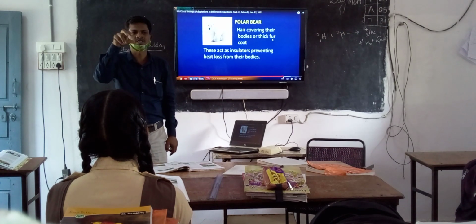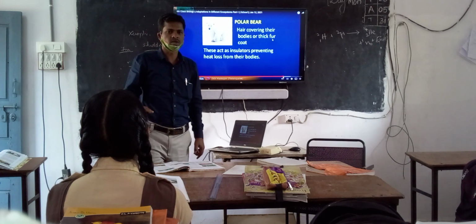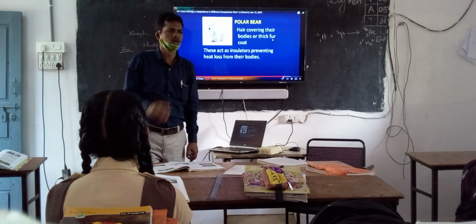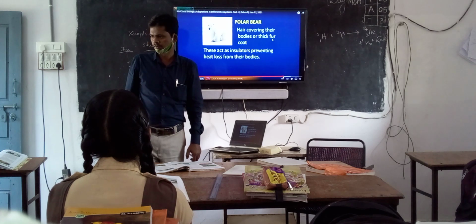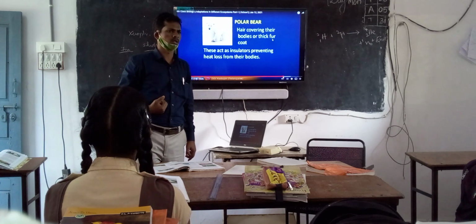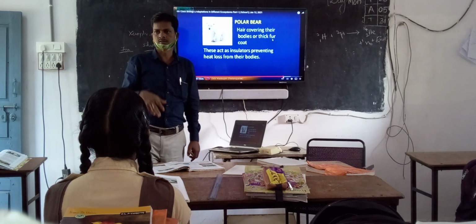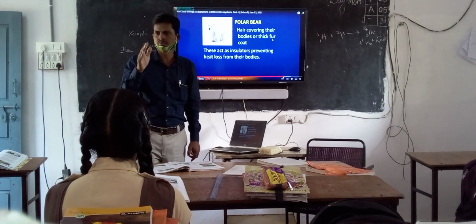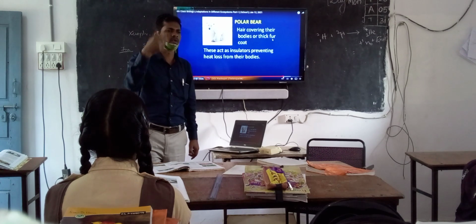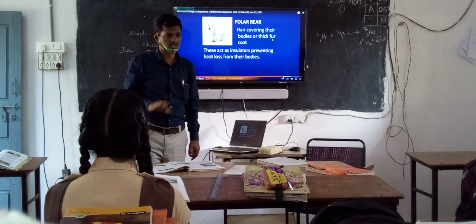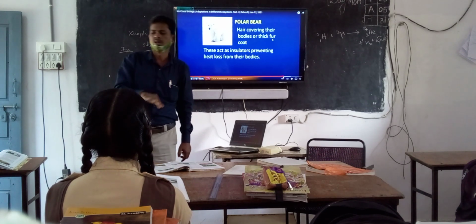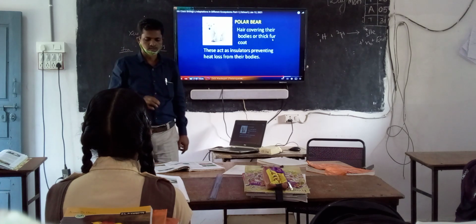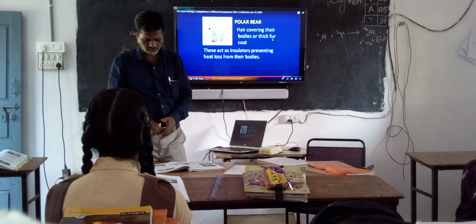That fat is used by our organs, that's why we are active even if we don't have food for 1 or 2 days. That's the importance of fat stored in our body. That's why fat is a must. But we have to use only as much as we need; more than we need affects our body. So there are useful advantages and also disadvantages of fat. Okay?